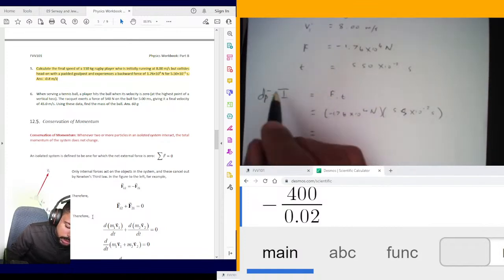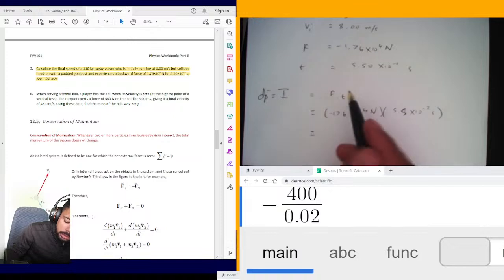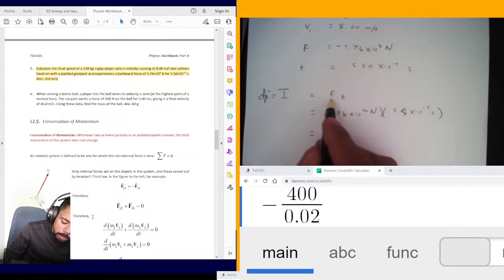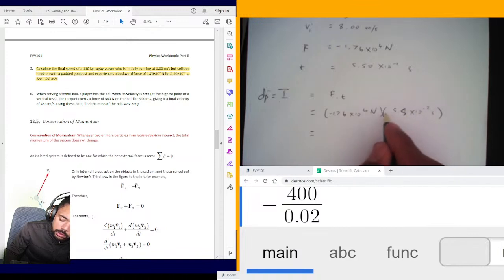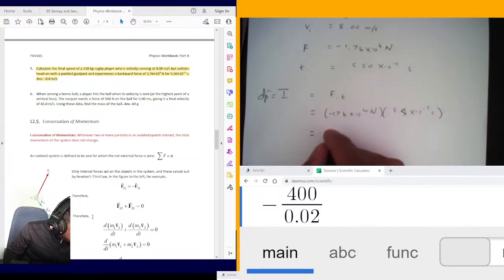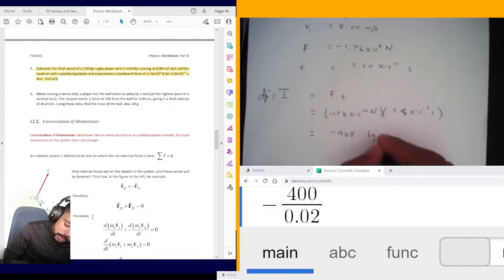It's the same thing. So we first calculate it, and it's just the product of the force and the time. The force is negative 1.76 times 10 to the 4 newtons, multiplied by the time it acts, 5.5 times 10 to the negative 2 seconds, and that gives you negative 968 kilogram meters per second. So that is your change in momentum.